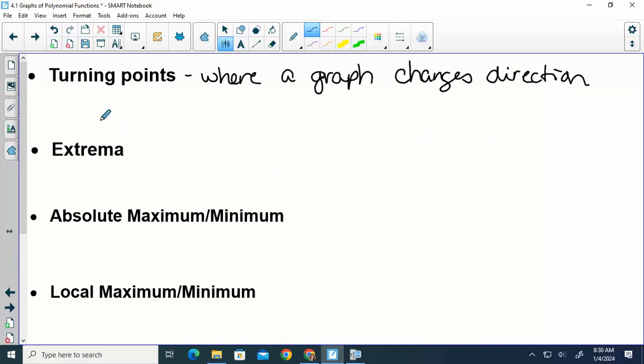So if I think about this graph, if I'm looking at everywhere it changed direction, it was going up, and then at this point it switched and started going down. Here it was going down, and then it switched and started going up. Going up, switched and went down. Going down, it switched and went up. So this one has how many turning points? 4 turning points.